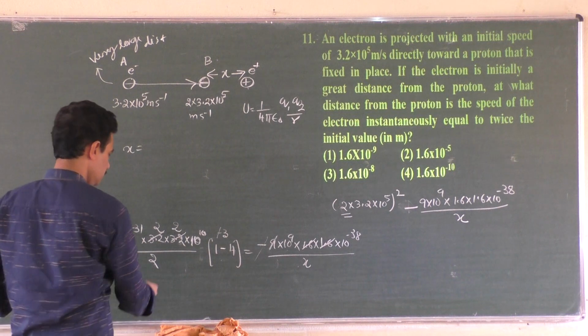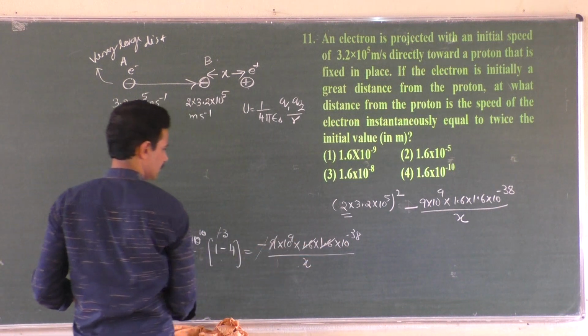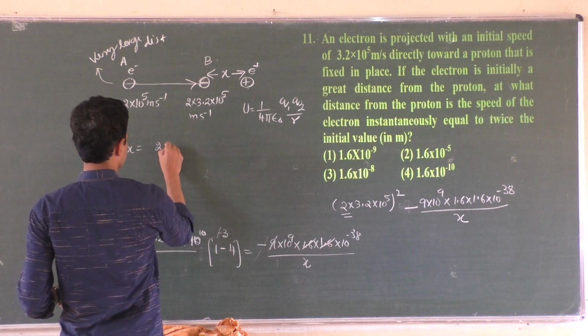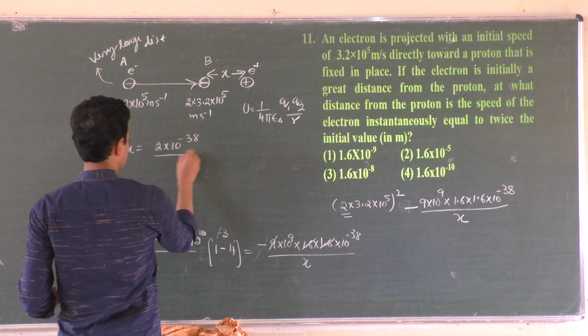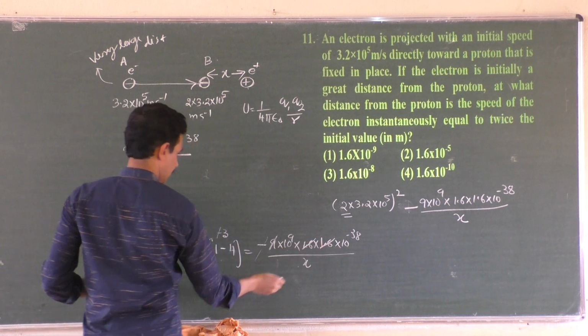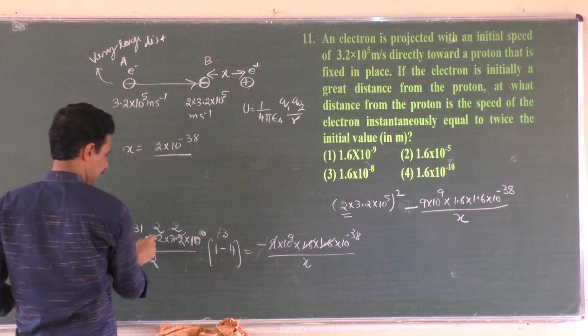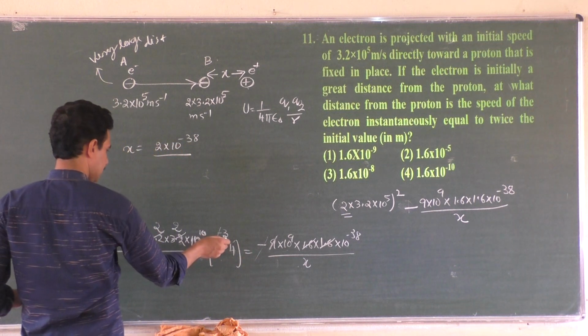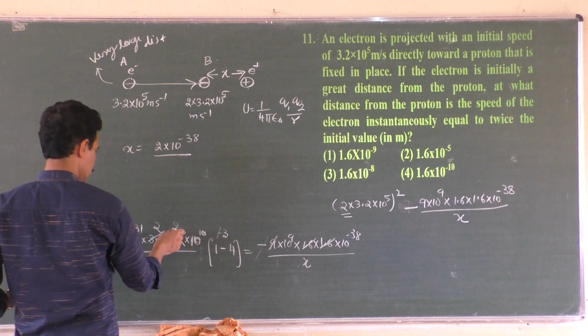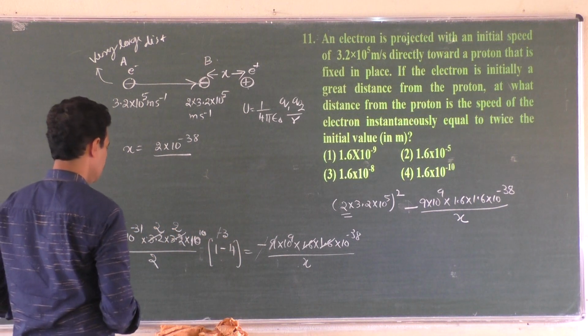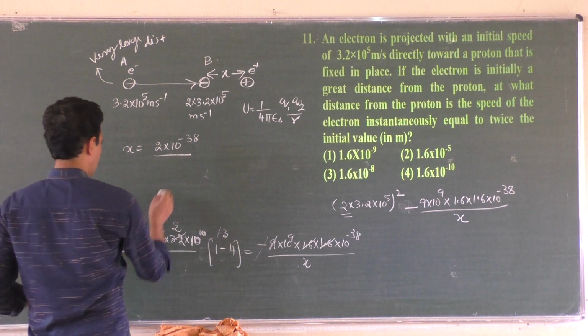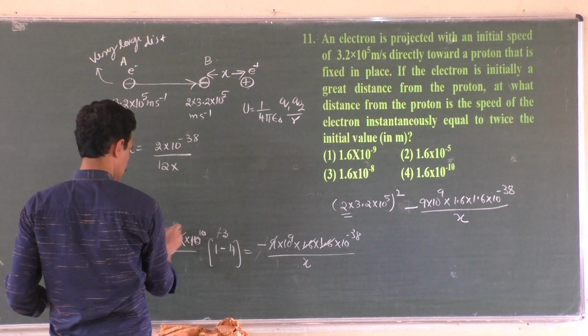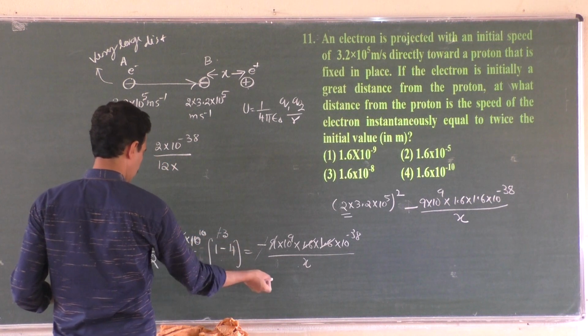So 2 into 10 to the power minus 38. That is the only thing that remains in the numerator. Of course, x here. Then here what do you have? Minus 3 into 2 into 2. How much is it? 12. Correct? 2 into 2, 4. 4 into 3, 12.